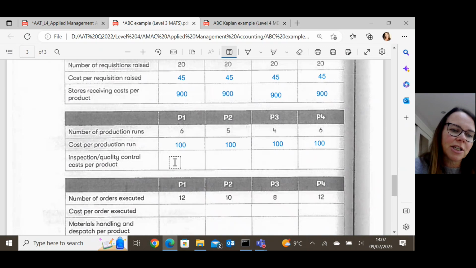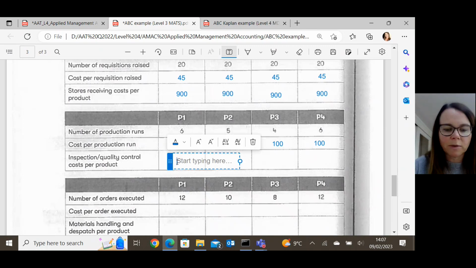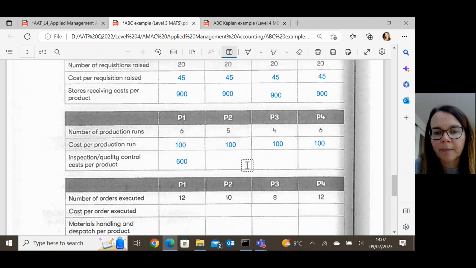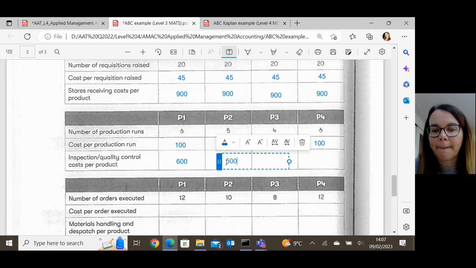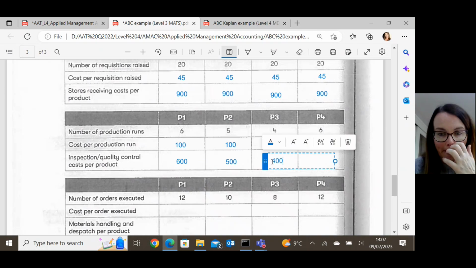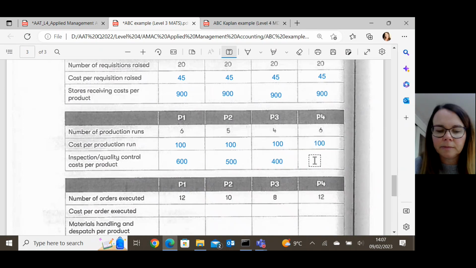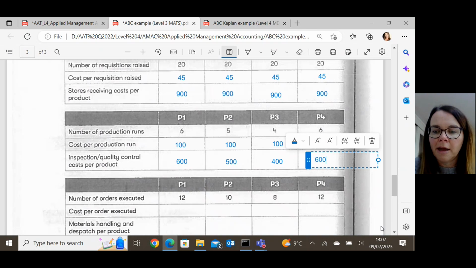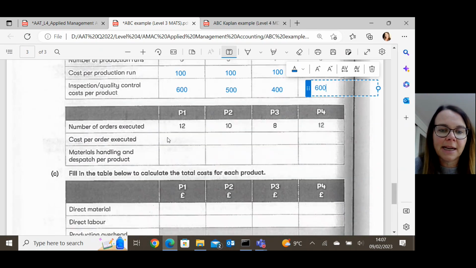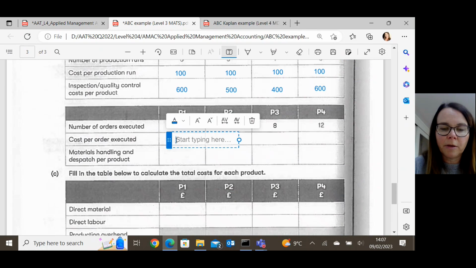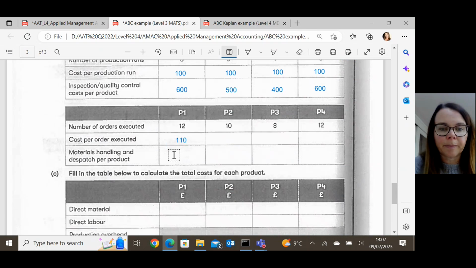And then inspection quality control cost per product. So that's just multiplying it. And then finally, exactly the same principle for last.